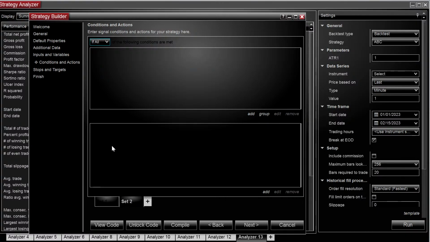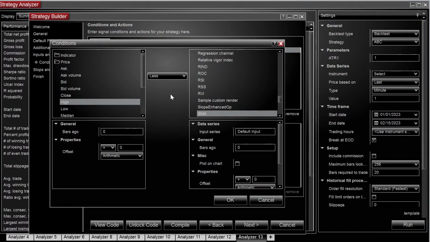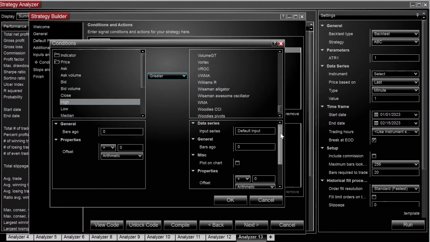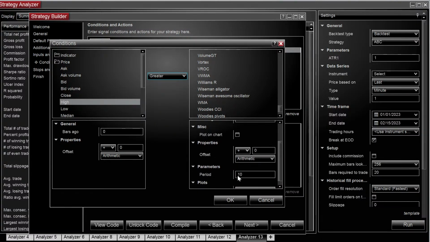And then for now, instead of doing the two separate conditions for profit, we're just going to do close. Actually, to avoid pin bars, we'll do the high is greater than the 10-period SMA.